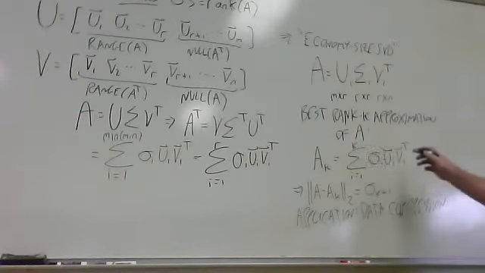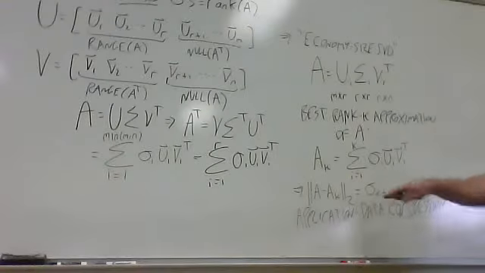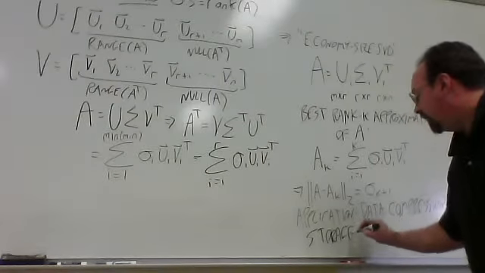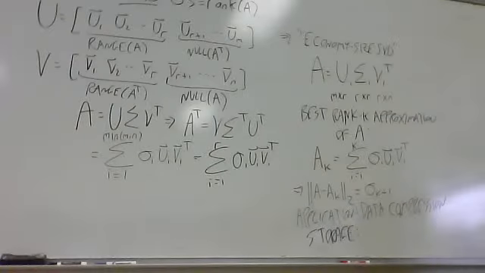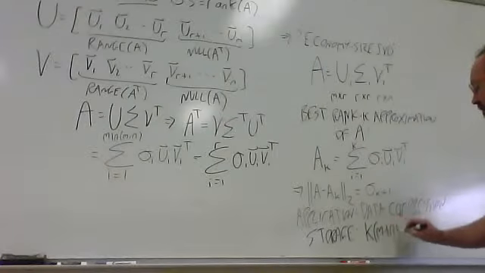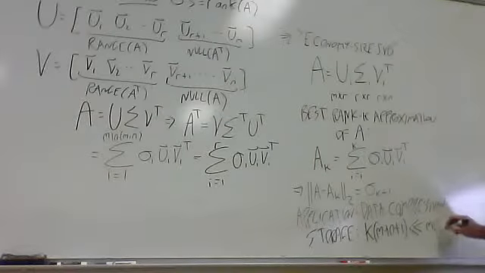But if you have a truncated SVD expansion and you figure out that k terms are all you need because this error is nice and small, then the storage that you would really need is k left singular vectors, k right singular vectors, and k singular values. So the storage you would need is k times (m plus n plus 1), and that could be much less than m times n. So if m and n are large, the storage savings could be huge.